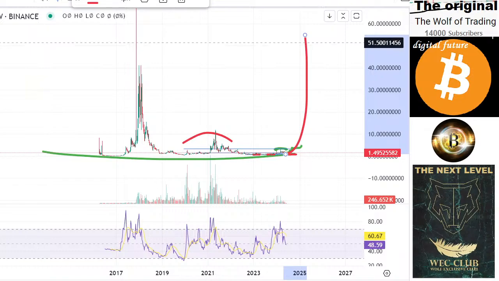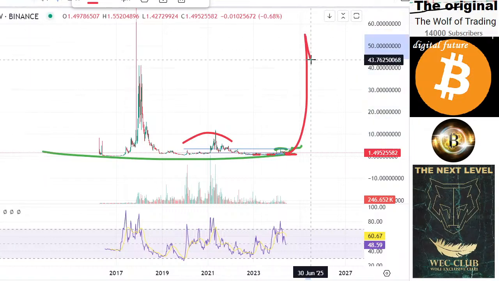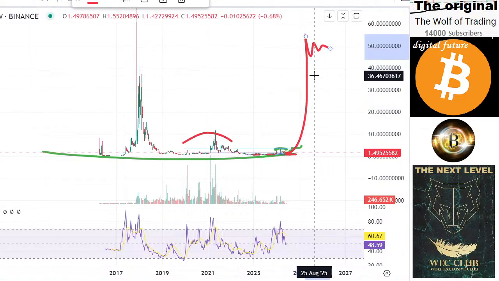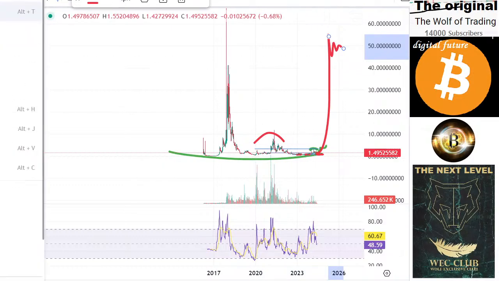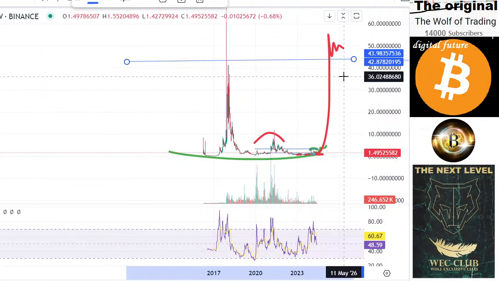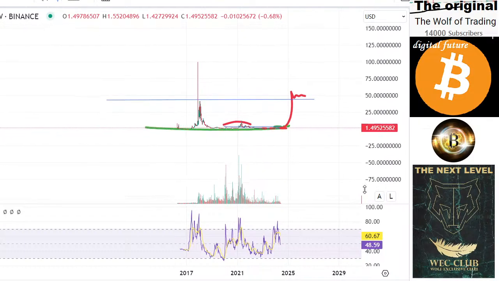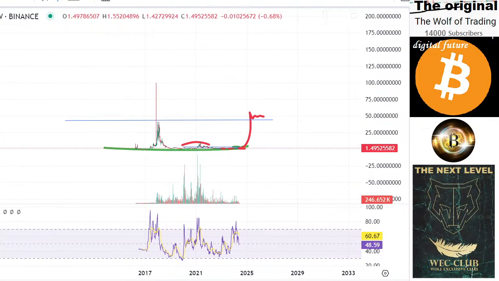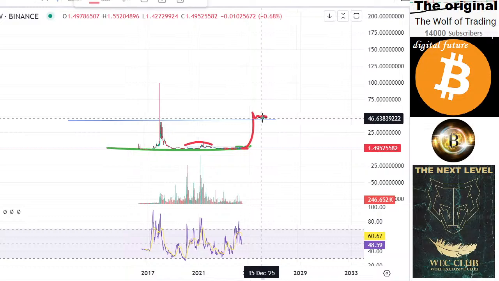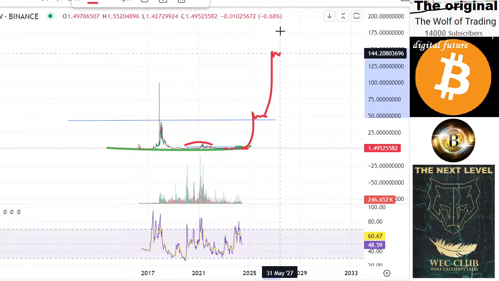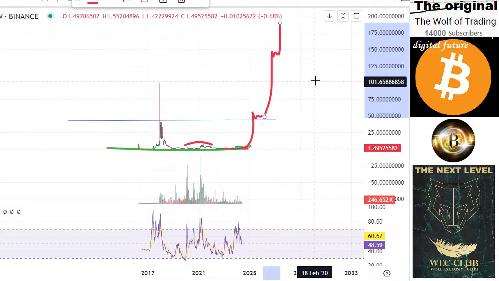But it will happen. You can see we will sit here on $50 because we have the resistance here. We will sit here, and the next, I think I calculate, after sitting at these levels, is 150 or $200. Because this here is massive.